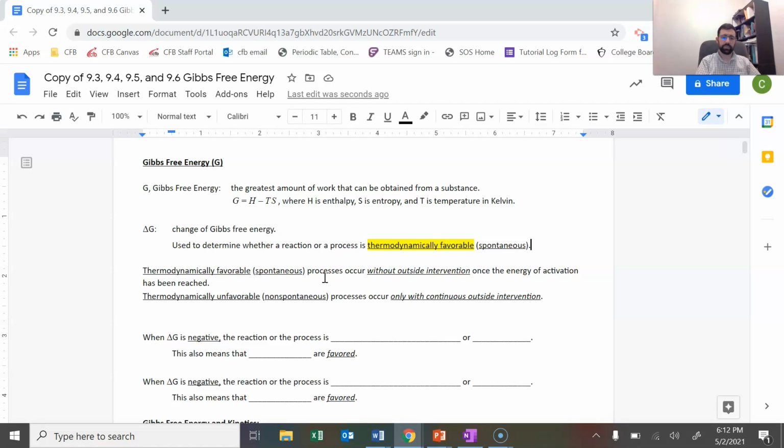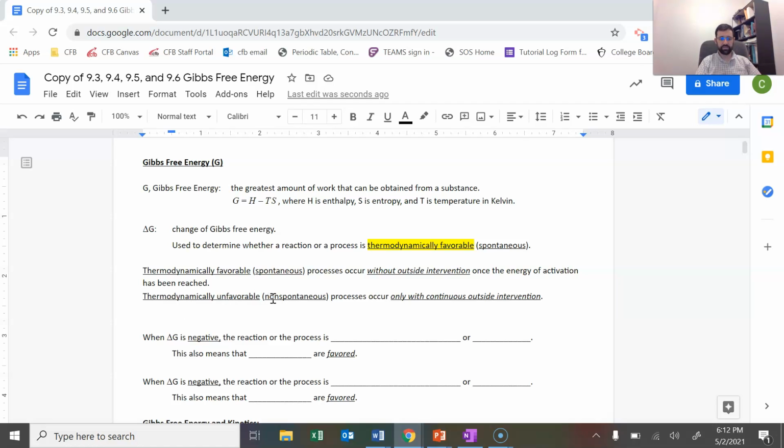Thermodynamically favorable processes occur without outside intervention. So it's a chemical reaction or a physical process, a change that occurs that does not require additional outside forces, outside action to make it happen after the activation energy has been reached.